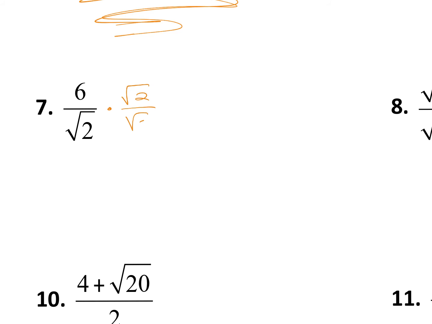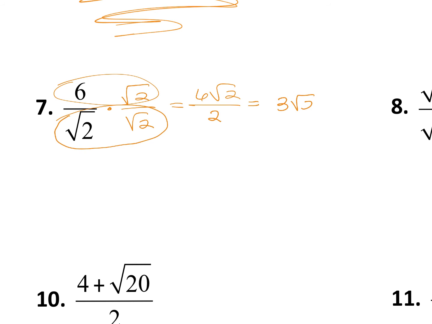Yes, rad 2 over rad 2. So on top, you get 6 rad 2. What do you get on bottom? The square root of 2 times the square root of 2 is 2, right? The square root of 4, which is 2. And then just simplify that. 6 over 2 is 3 over 1. So 3 rad 2 will be your answer.